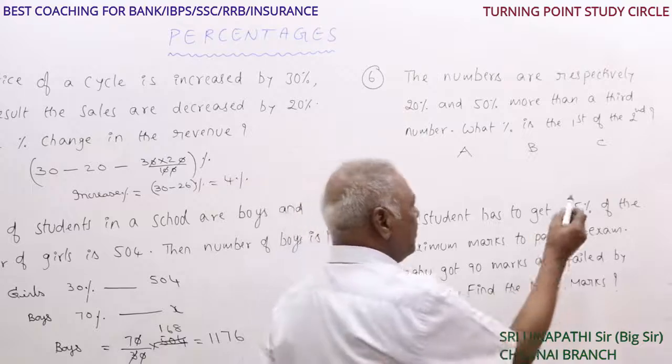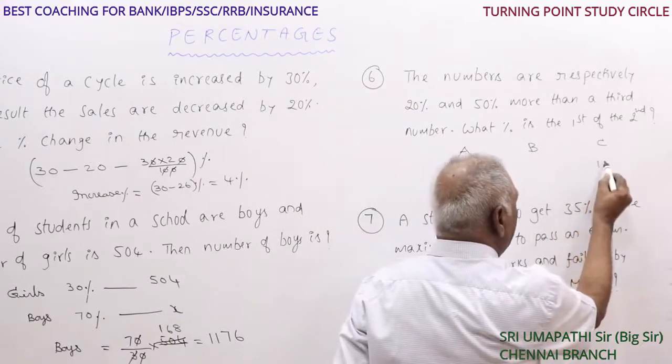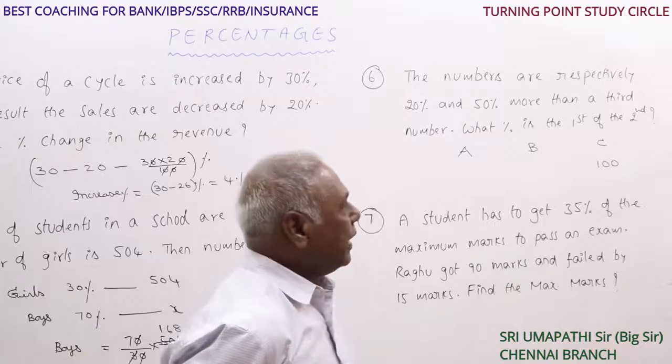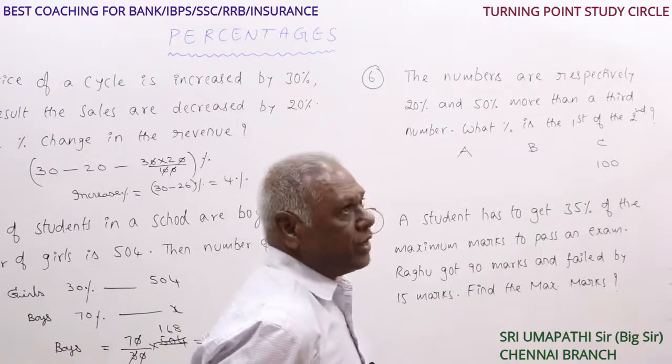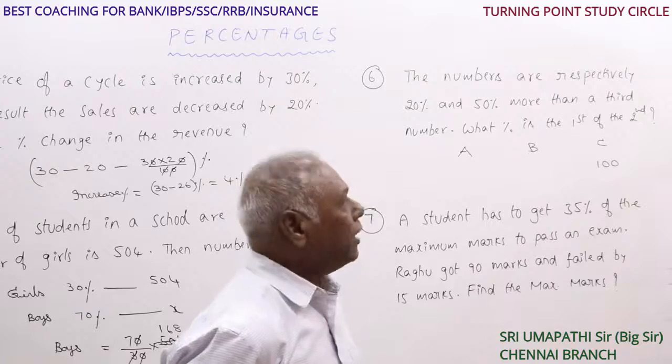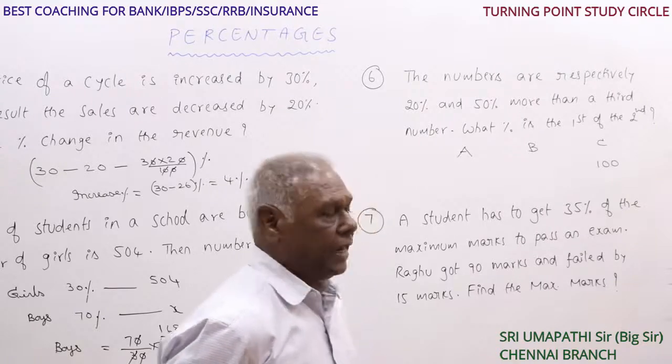Let us suppose the third number is equal to 100, so that we can do the problem very easily. We can take x, but it takes time. If you take C as 100, we can do the problem very quickly.